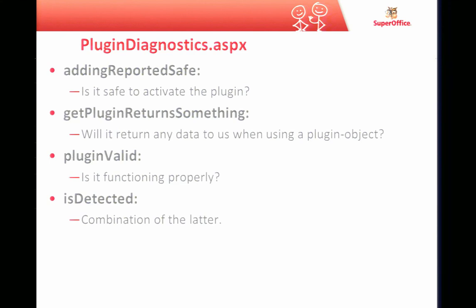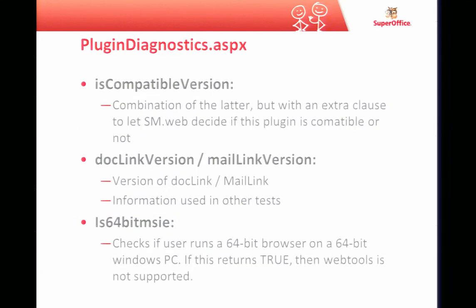That is a combination of some of the other points here. The plugin valid field will give you a true or false value. Is it working? It will do some kind of tests towards the tray app, just to tell you if it's actually working. It will also give you information on whether this is the compatible version with the current version of SuperOffice that you're running.